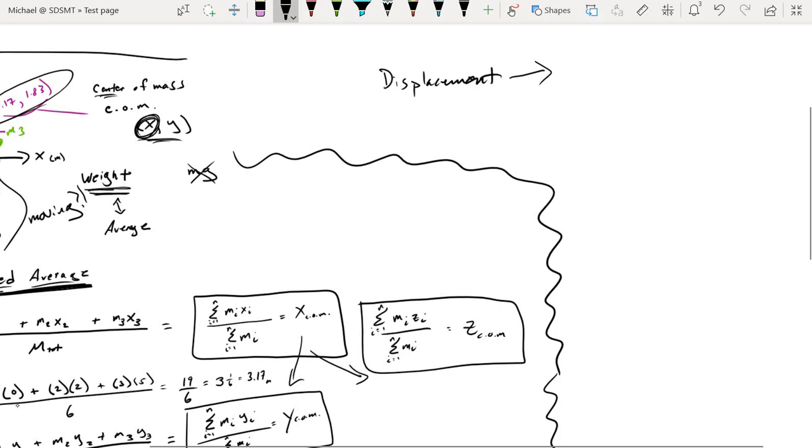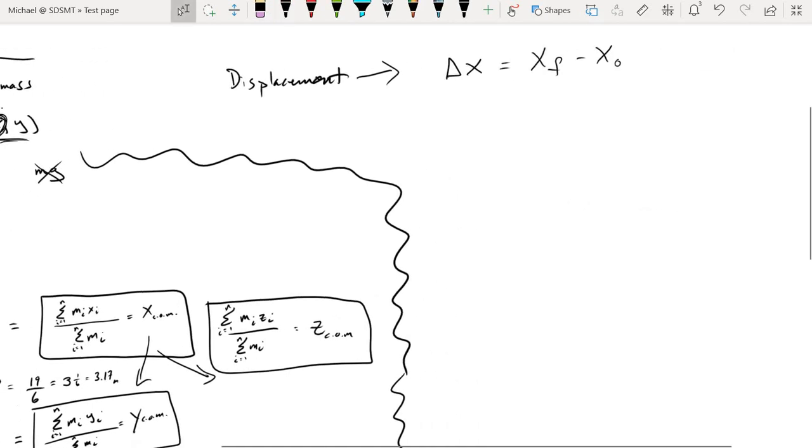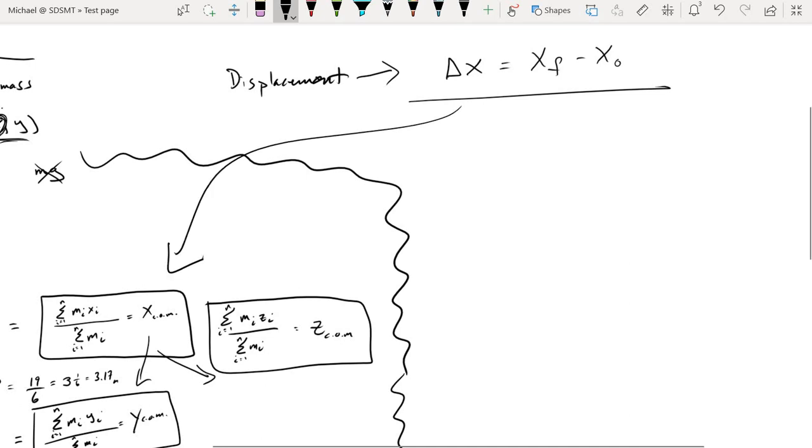So let's go back to day 1 of our physics class, where we defined what it meant to have displacement. So there was going to be some final position minus some initial position. And we want to apply that idea to the center of mass.